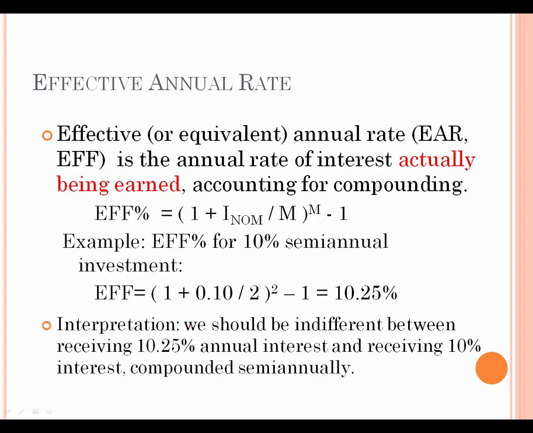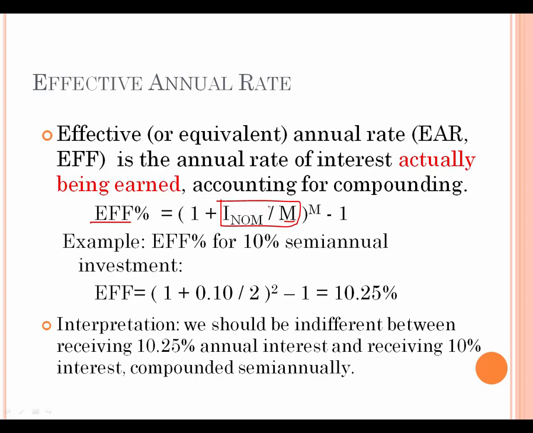So it says if we have more frequent compounding, say m times a year, then the actual or say effective annual interest rate is simply 1 plus the nominal interest rate divided by m. Remember, for example, if m is 12, then this gives you the monthly interest rate.